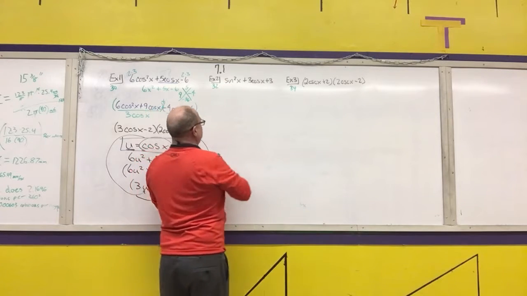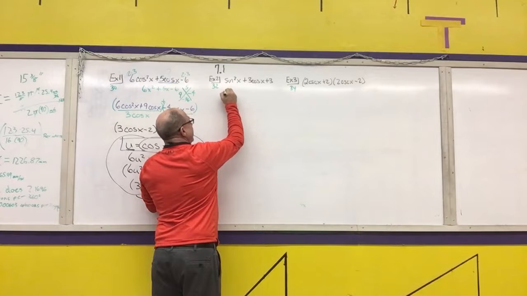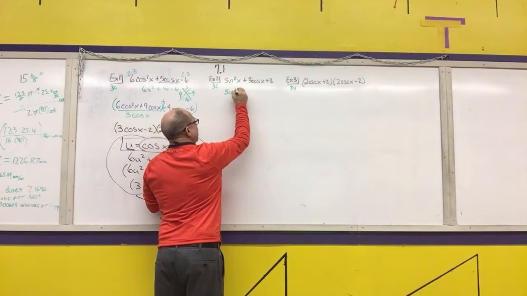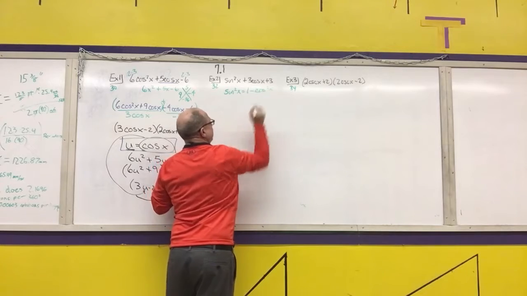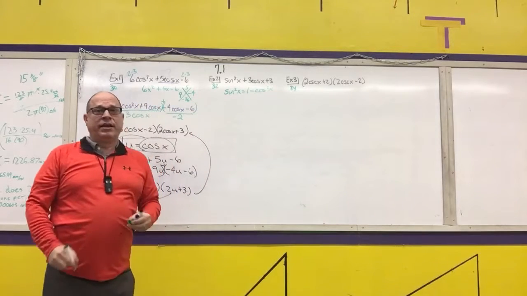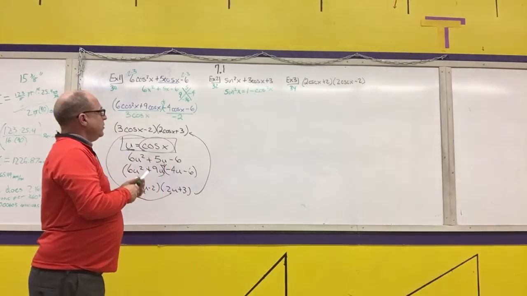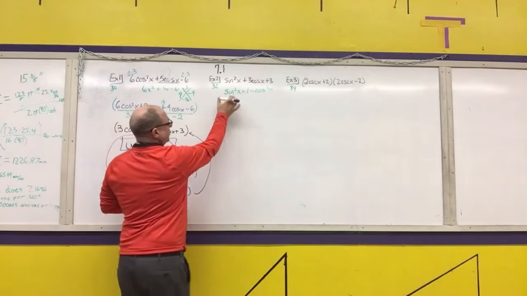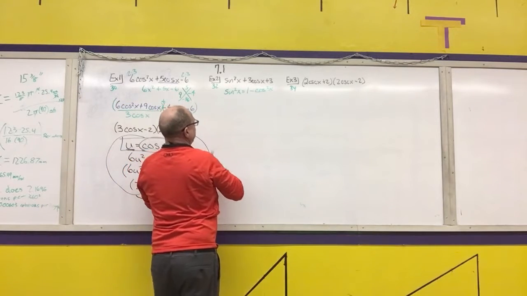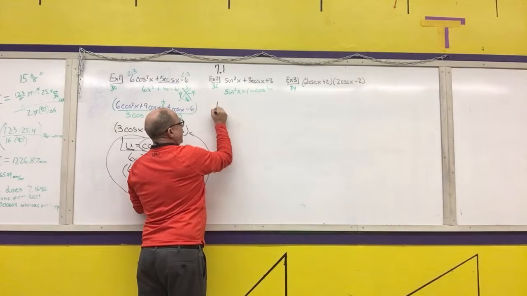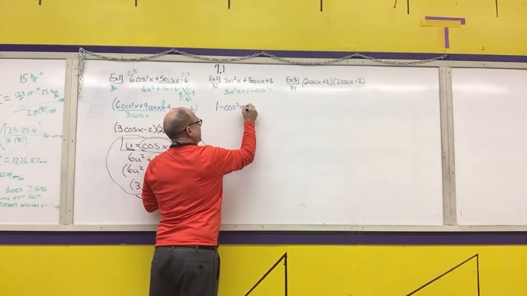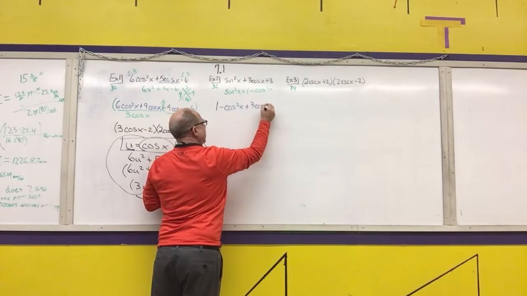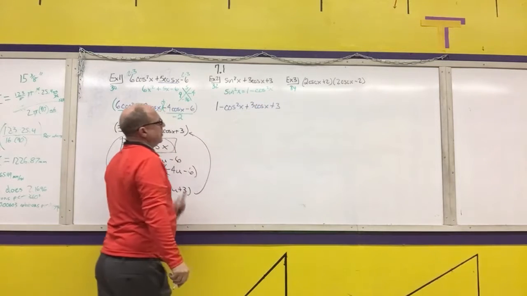And that is that sine squared of x is equal to 1 minus the cosine squared of x. That's one of our Pythagorean identities. So what I'm going to do is where sine squared is, replace it with 1 minus cosine squared. So that gives me 1 minus cosine squared x plus 3 cosine x plus 3.